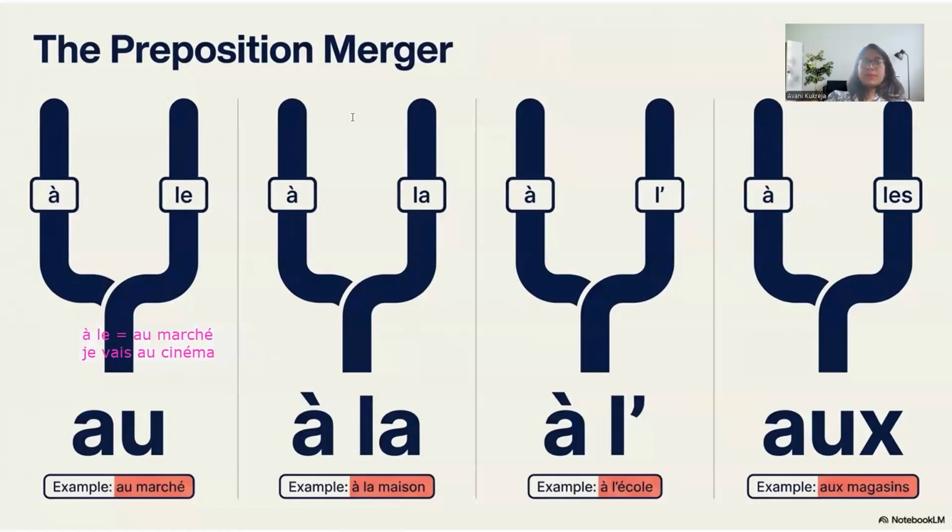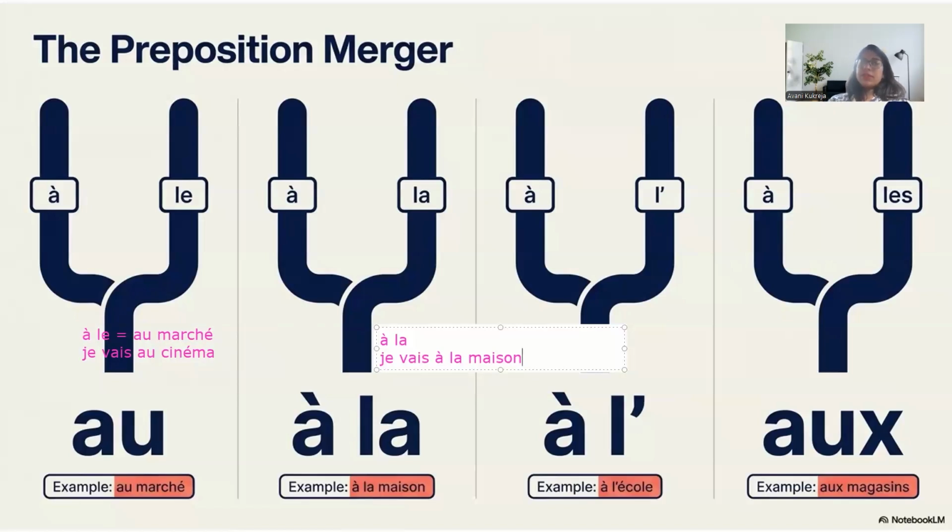Now, when the place that you're referring to is feminine, maison for instance, à la remains à la. This form need not change. À la remains à la in French. À plus the. So when I say I am going to the house, je vais à la maison. It totally depends upon the gender of the place.